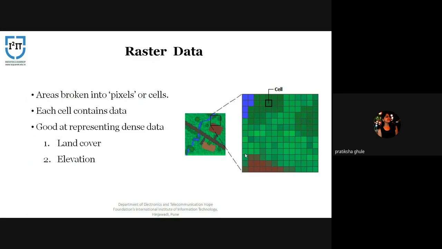Raster data is mainly used for representing dense data like land cover, like the land under vegetation, like forest, wetlands, then elevation like slope, any kind of mountain. So we can use raster data for that kind of area or dense data.